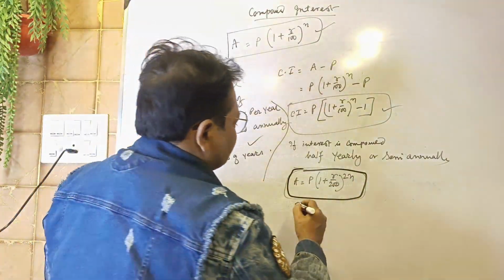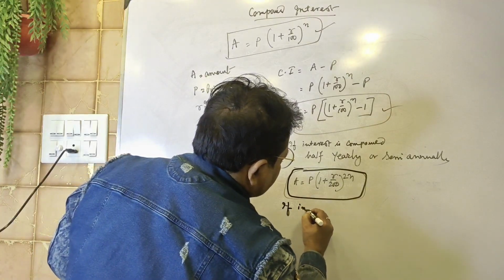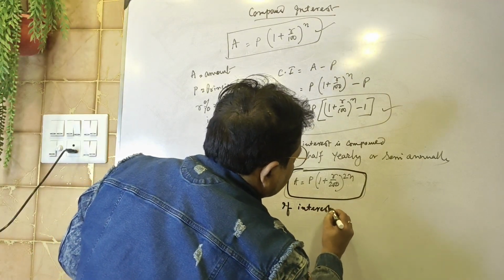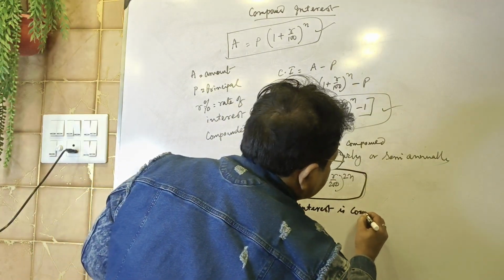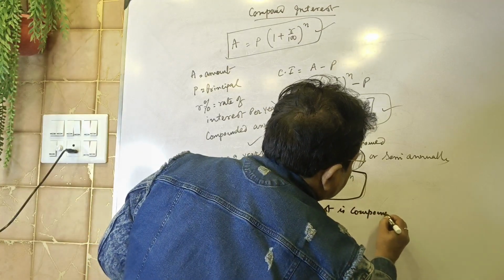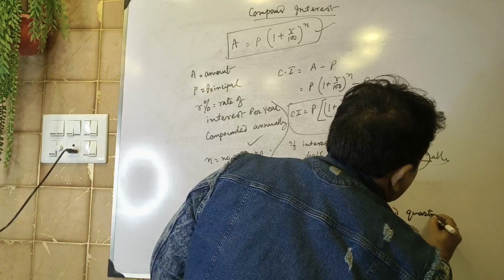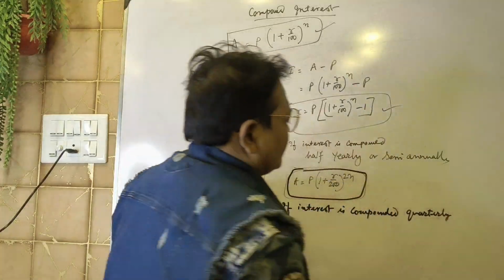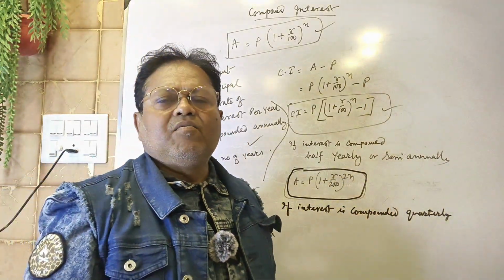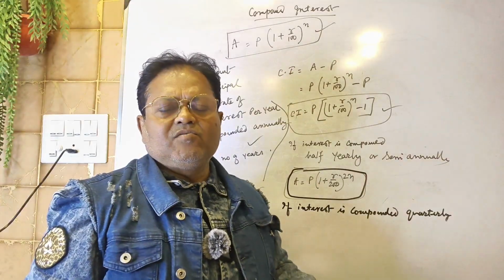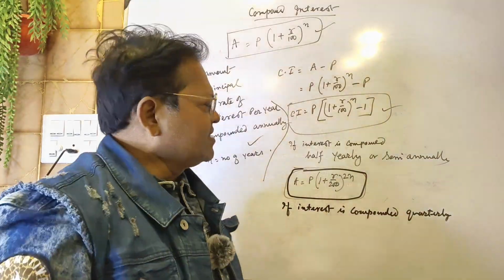This is the difference. If interest is compounded quarterly, quarterly means for every 3 months, whatever interest is earned is added to the principal, and then interest is calculated.